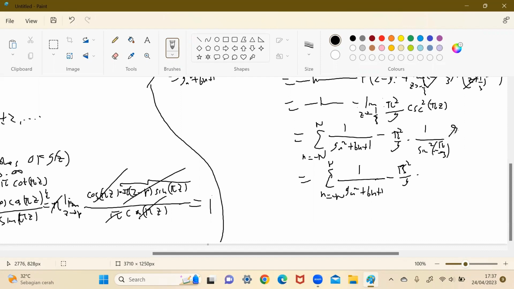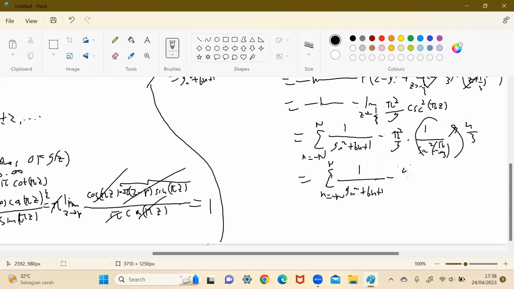What is this going to be? It's going to be 4 over 3, because sine of pi over 3 is square root of 3 over 2, so squaring is 3 over 4, and then when you flip it, it's going to be 4 over 3.